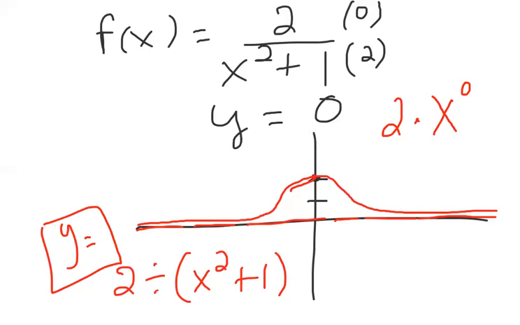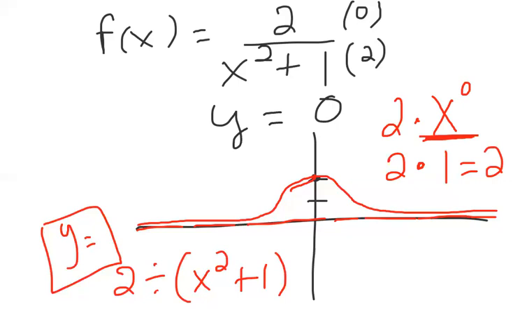Any variable raised to the 0 power is going to give you 1. So if you take that 1 and multiply it by 2, that gives you a 2 back. Remember, the degree has to do with the power on the variable, not on the number, on the variable. There's no variable there, x to the 0.